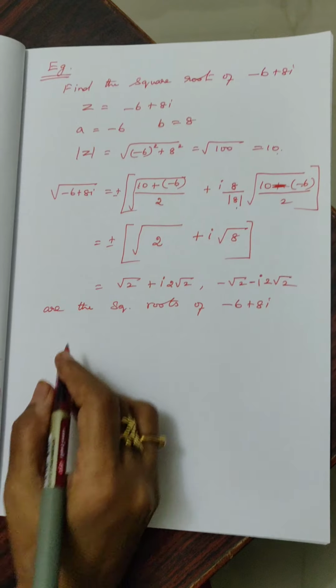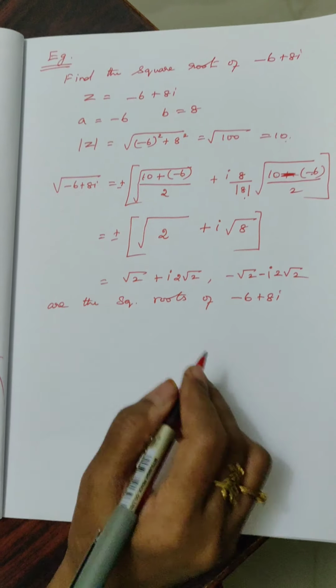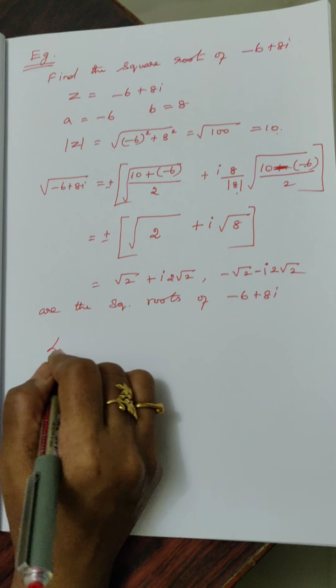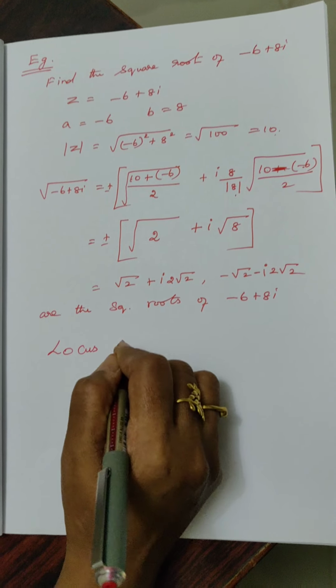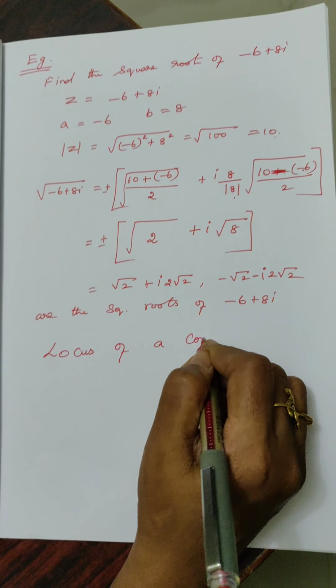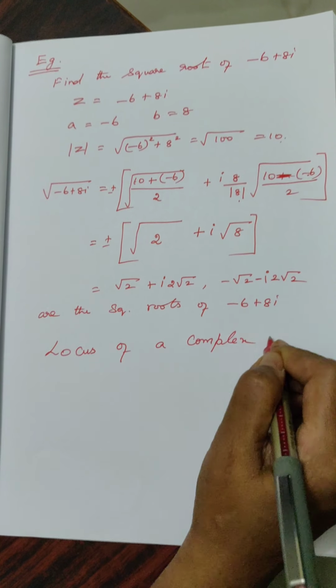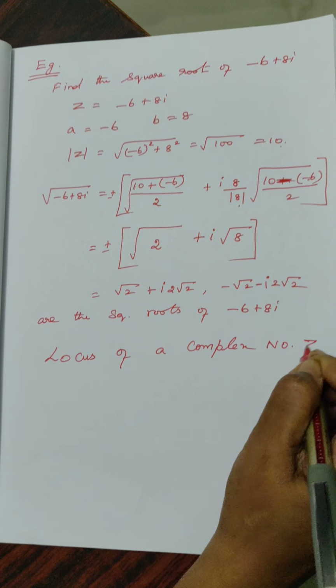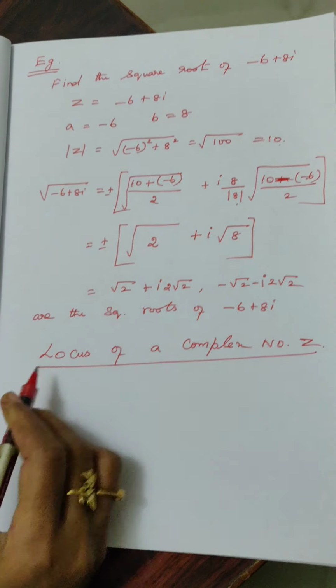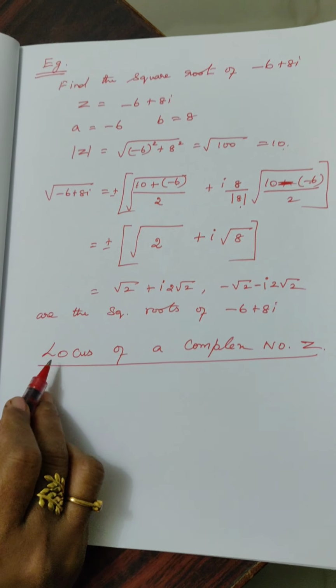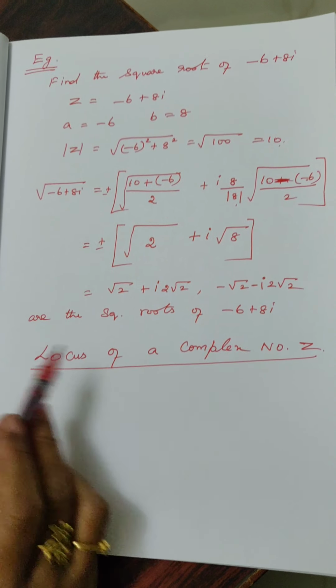Now we are entering into a new part, that is locus of a complex number z. Now what is the meaning of locus? You already heard this word in 11th standard. Once again I am repeating.